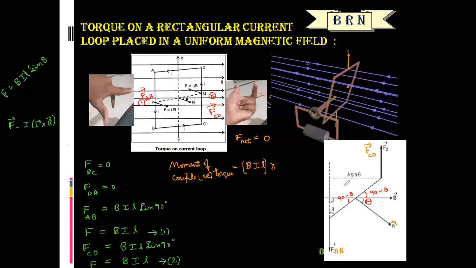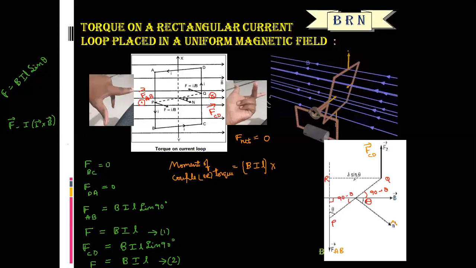And then here we have to find out the perpendicular distance between the two forces. Let's consider these points as P, Q, R. Now look at this right angle triangle PQR.